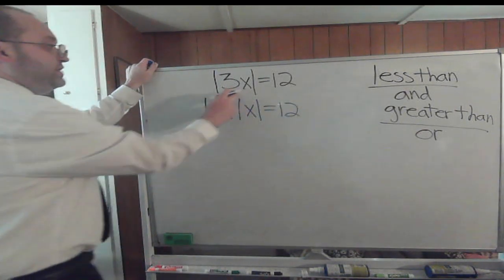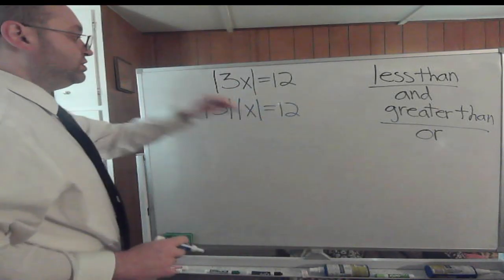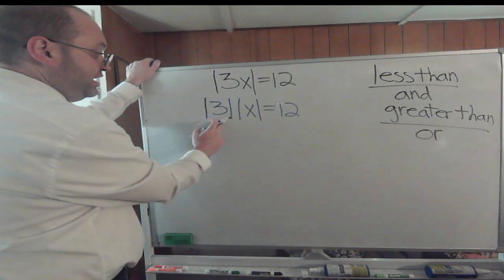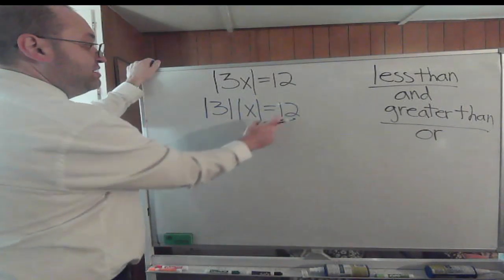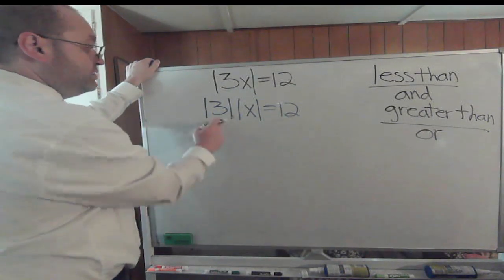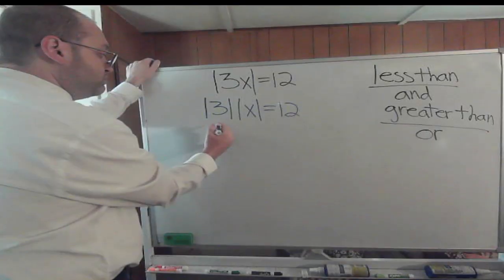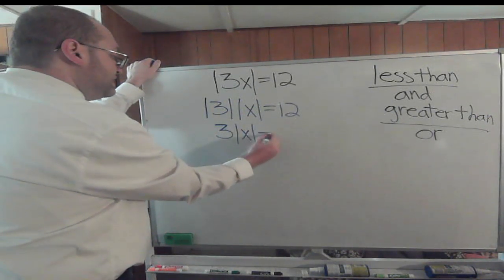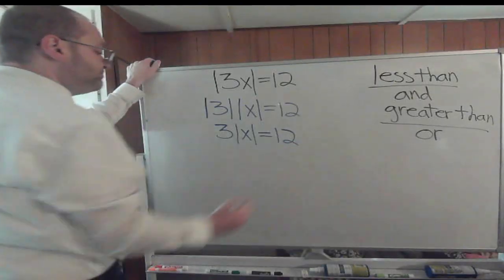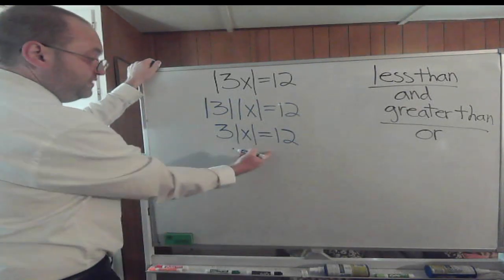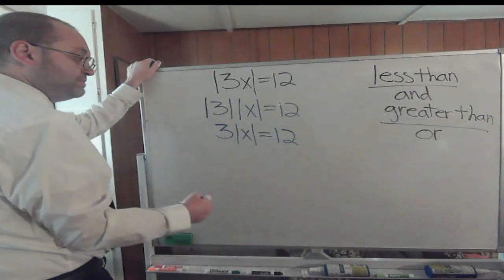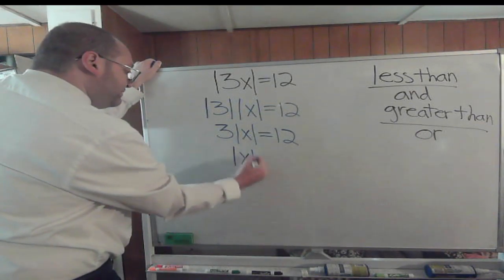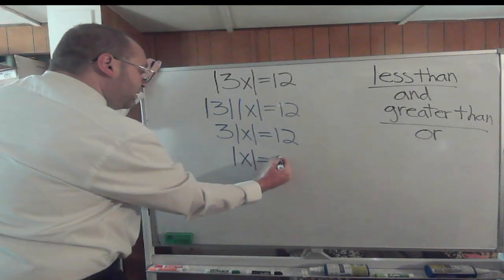So the absolute value of 3x equal to 12 is the same as the absolute value of 3 times the absolute value of x equal to 12. We know the absolute value of 3 is 3. So you would get 3 times the absolute value of x equal to 12, which now you can divide both sides by 3 to get that absolute value of x by itself. If you do that, you get the absolute value of x is equal to 4.